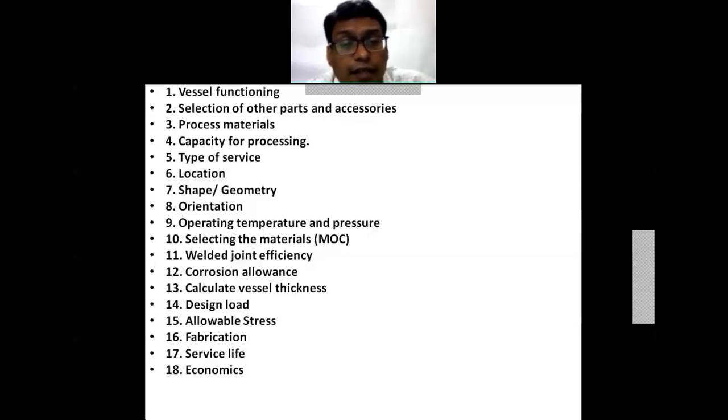We then compare the calculated thickness with the allowed stresses of the material of construction, then the different methods of fabrication or fabrication techniques which are needed, then how much service life is expected, whether it is 10 years, 20 years, 50 years or 100 years.